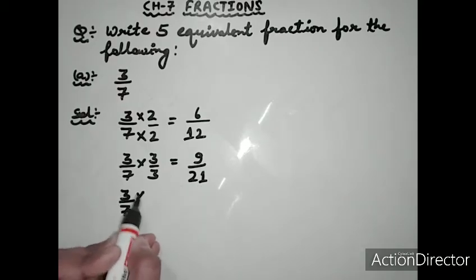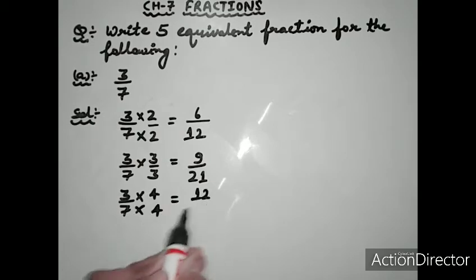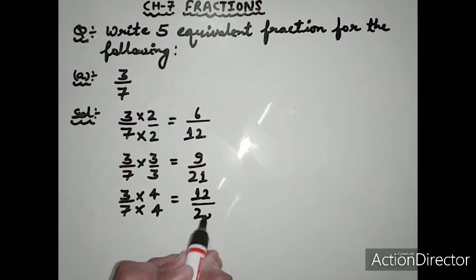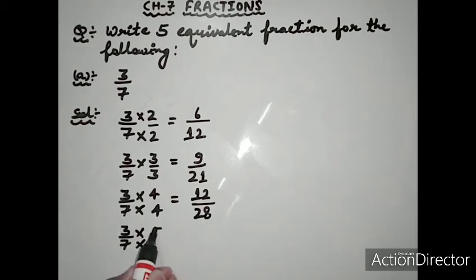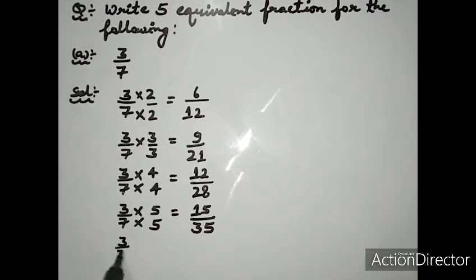Now 3 upon 7 multiplied by 4. 3 4s are 12 and 7 4s are 28. Now 3 upon 7 multiplied by 5. 3 5s are 15 and 7 5s are 35. Now we will multiply 3 upon 7 with 6. 6 3s are 18 and 7 6s are 42.